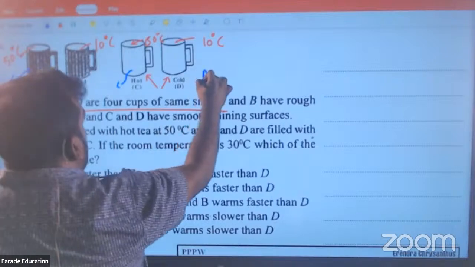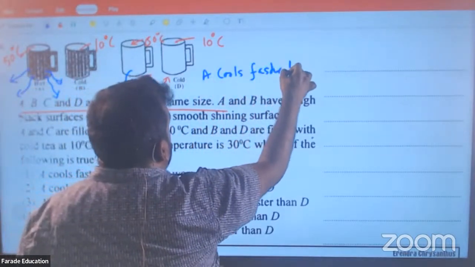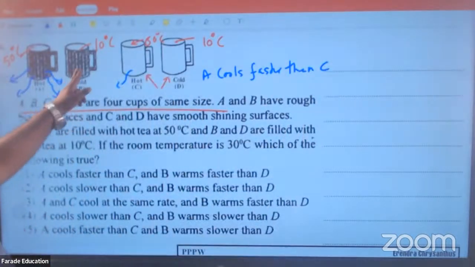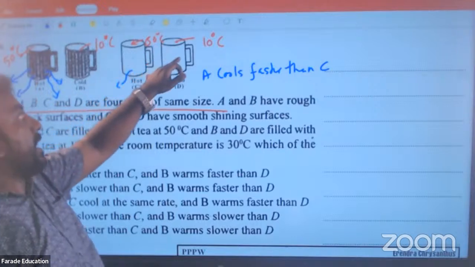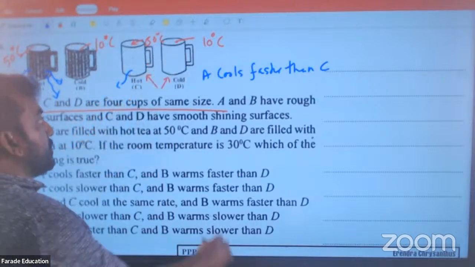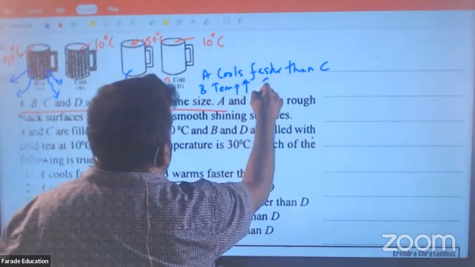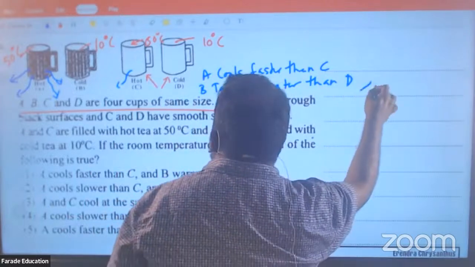A cools faster than C. Here 10 degrees, here 10 degrees. B is absorbing, so whatever is emitted is absorbed. B temperature will increase faster than D. Basic O-level question.